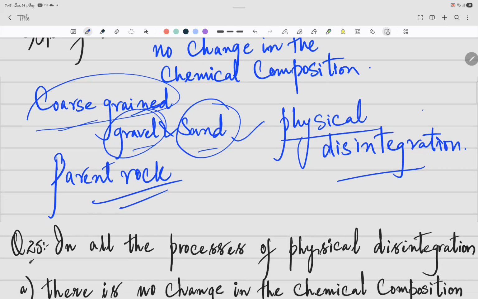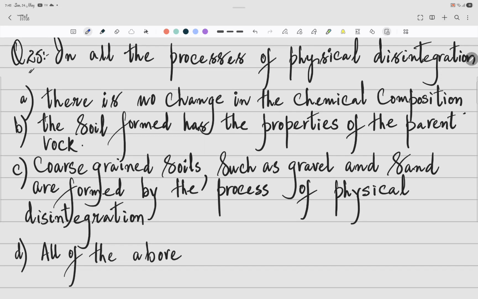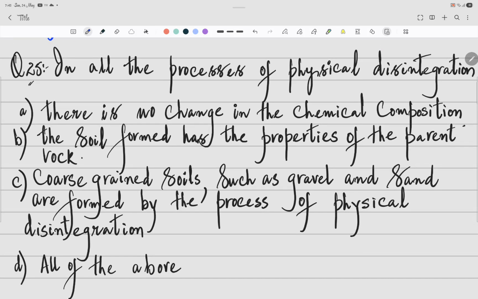Moving on to the next question, question number 25. In all the processes of physical disintegration, there is no change in the chemical composition. The soil formed has the properties of the parent rock. Coarse grained soil such as gravel and sand are formed by the process of physical disintegration, all of the above. The correct answer is all of the above.